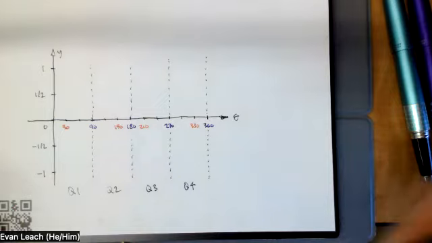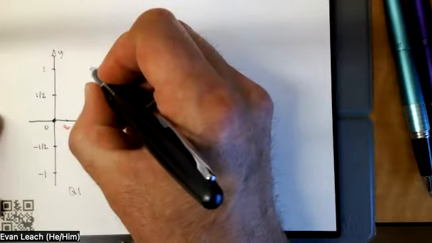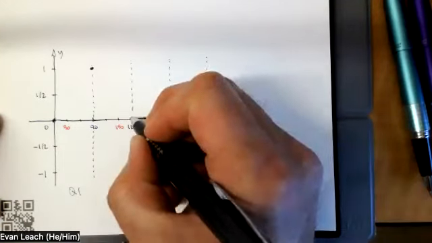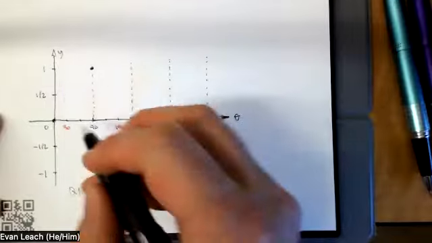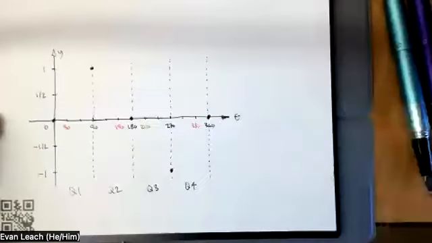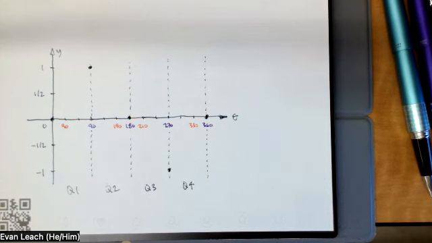So the y-coordinate starts off at 0, then goes up to 1, back down to 0, down to negative 1, and then back up to 0. So we've got this up, and then down, and then up. That's the first step: locate your 1s, 0s, negative 1s, and 0s.